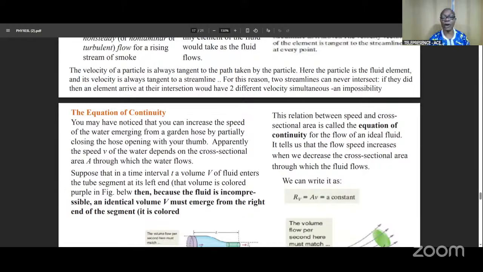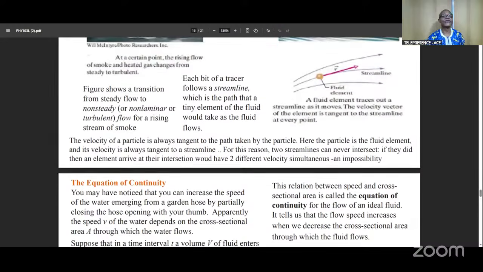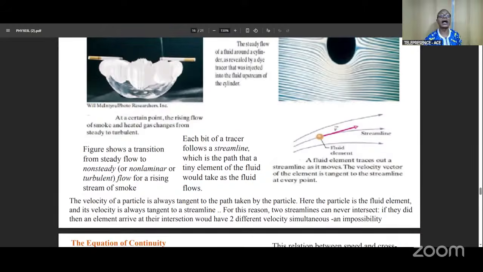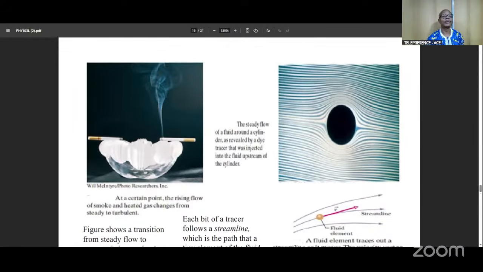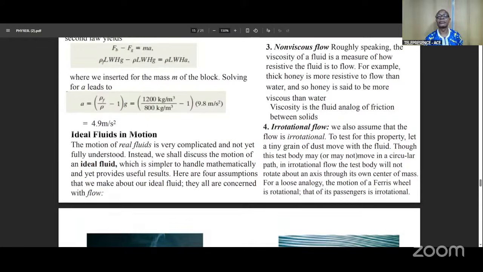So let's go back to our slides. In closing, we've discussed today fluid flow and ideal fluids in motion.